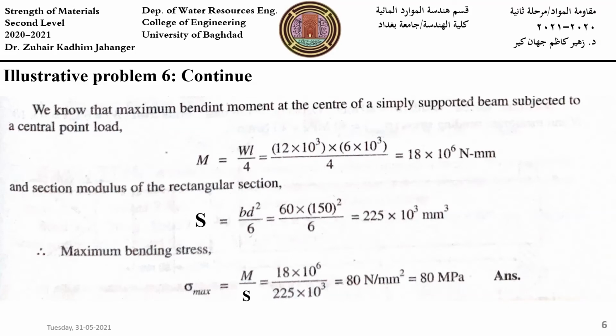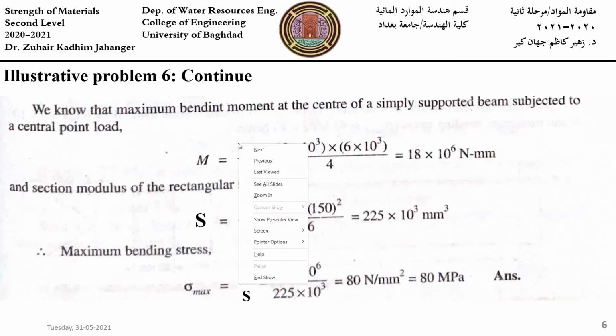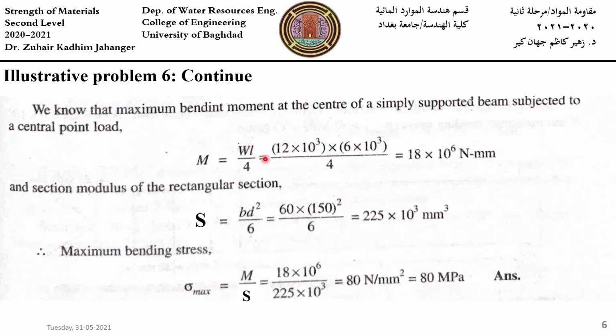So we know that the maximum bending moment at the center of a simply supported beam subjected to a central point load is M equals WL over 4. Using this equation, WL over 4, the maximum moment will be 18 mega Newton meter.